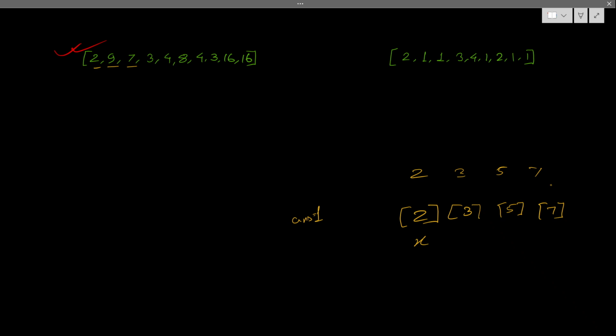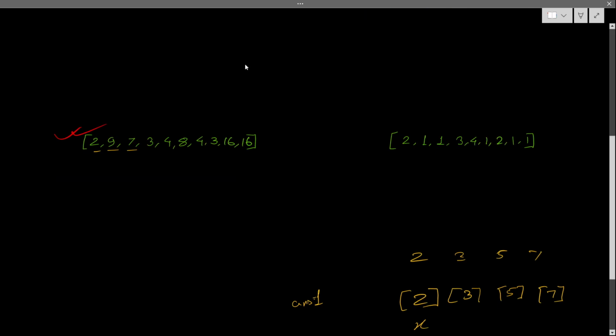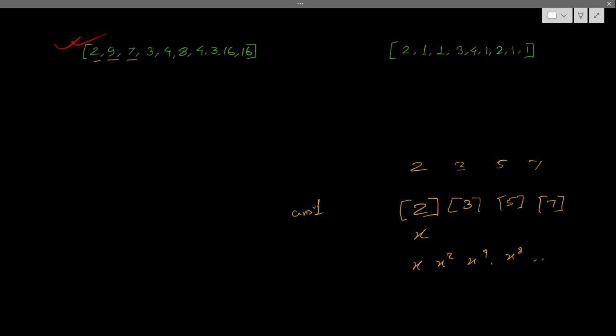Why does it follow the condition? There are not two items there. So our pattern is x, x square, x to the power 4, then x to the power 8, like that, right? It goes on up to x to the power k by 2, and then x to the power k, and then the same thing in the reverse, opposite order.